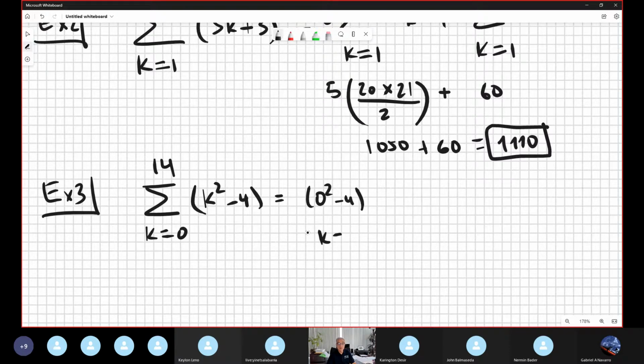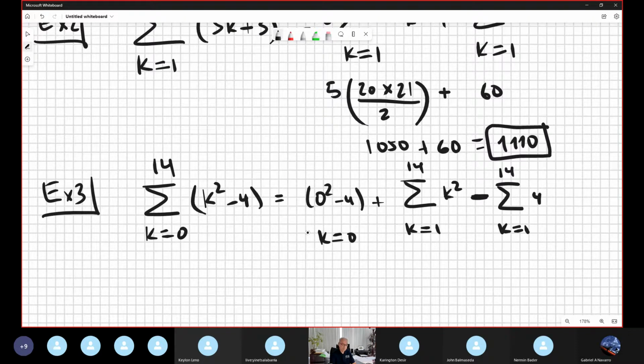So k equals 0. And for k greater than 0, it is the summation, k equals 1 to 14 of k squared, if you want to separate, plus, no, minus, because 4 is negative, minus summation, k equals 1 to 14 of 4.